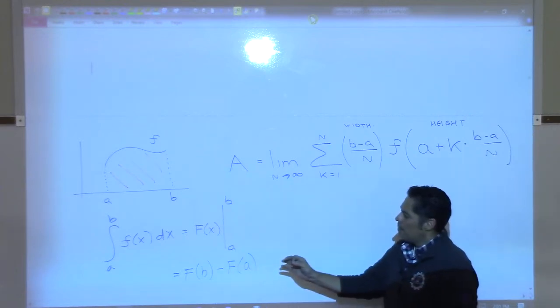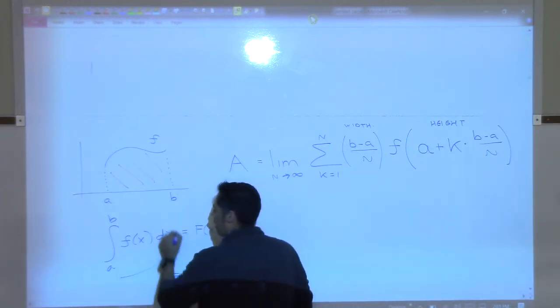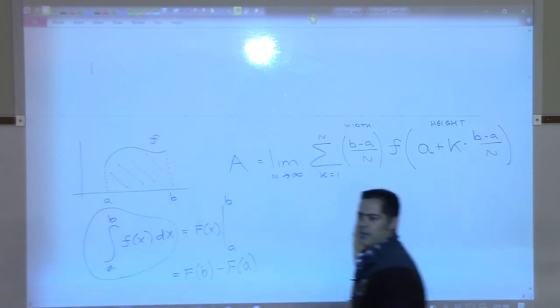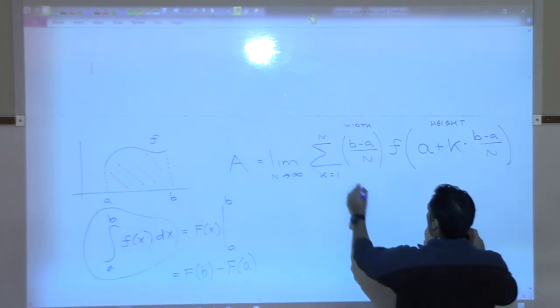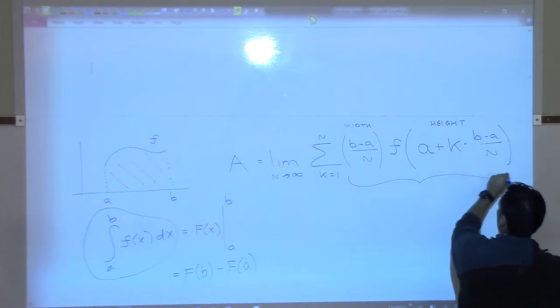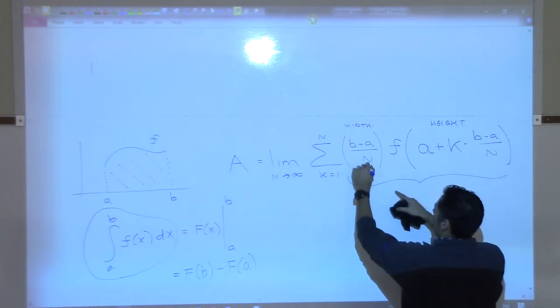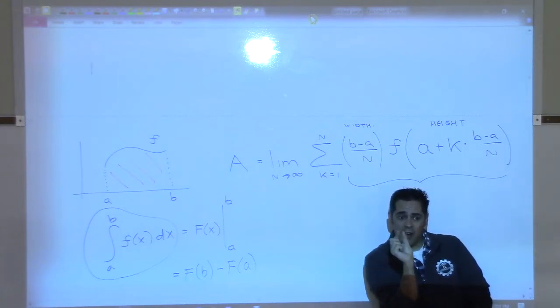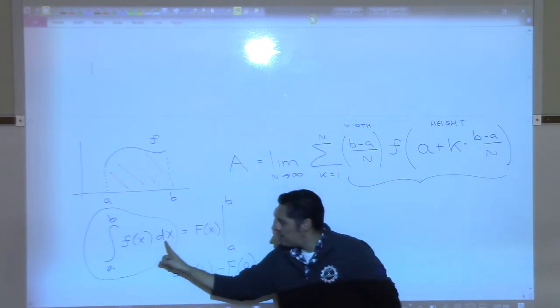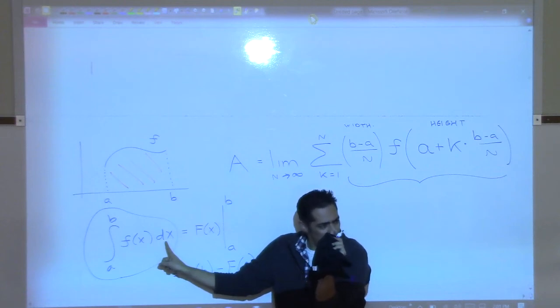So, do we see now where this notation comes from? Let's see if we can. Do y'all see that this right here is how wide each rectangle is? That's our change in x, right? That's dx. That's that little infinitesimal width of each rectangle.